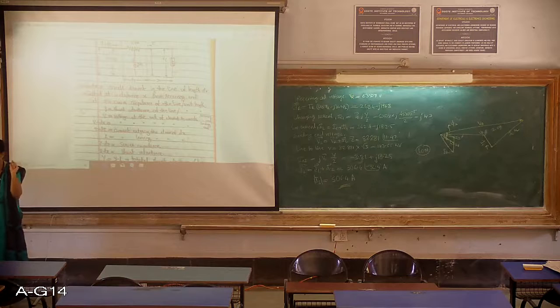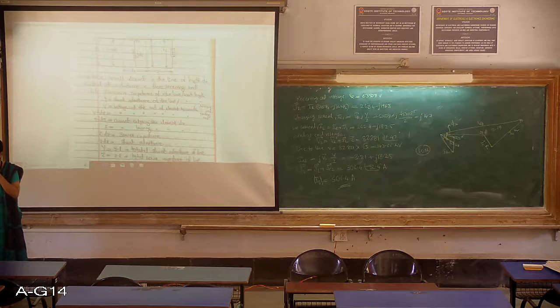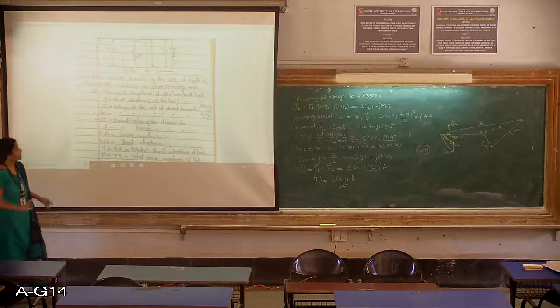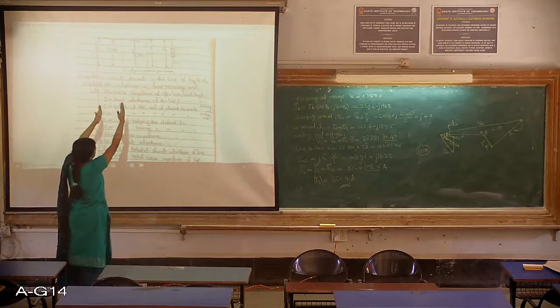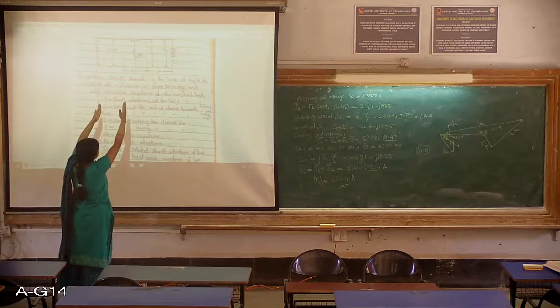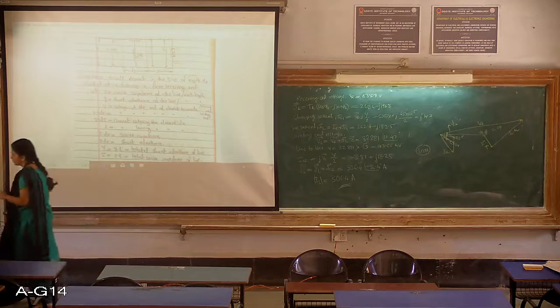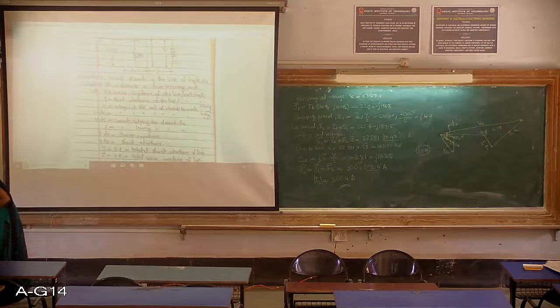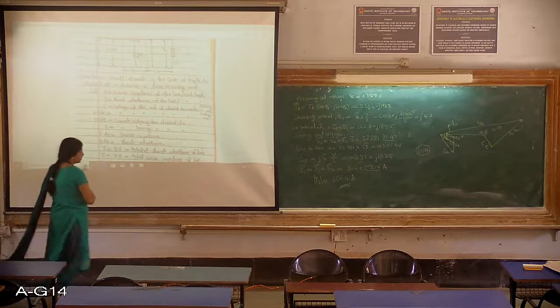Let y be the shunt admittance of the line per unit length. V is the voltage of the element towards the receiving end. I will just draw it for your reference here on the board, so that the explanation is simpler.